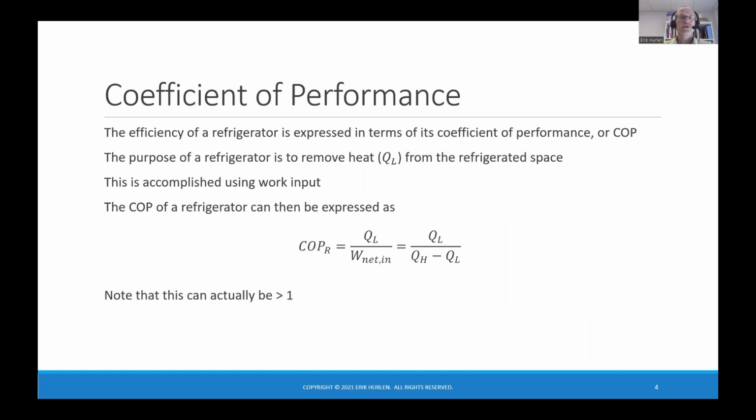So the coefficient of performance is given by COP equals QL divided by W net in. We use a subscript R on COP to specify that this is for a refrigeration process, and W net in is equal to QH minus QL due to the first law for cyclic processes. Also, this ratio can actually be greater than 1. This is the big difference between COP and efficiency.